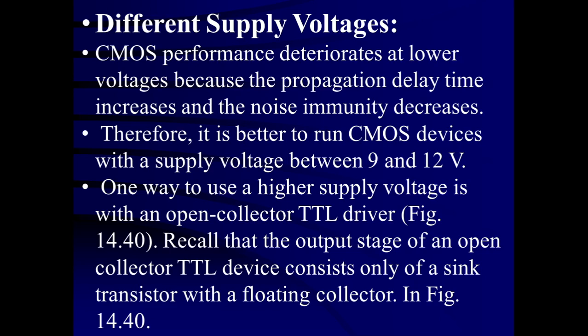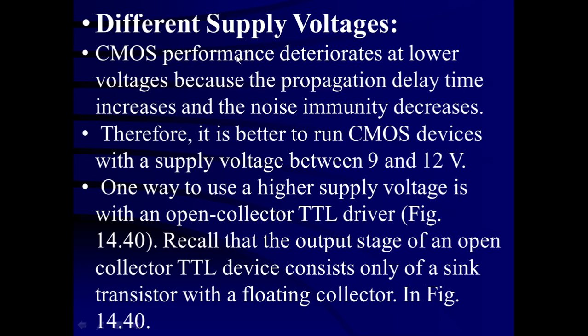That means the saturated transistor totem pole arrangement will not be there. TTL is operating at 5 volt VCC, but its output collector is floating. It is not connected anywhere and it can be connected through a pull-up resistance to any supply voltage, including the supply voltage of the CMOS. Then the output in the low state will be 0 and in the high state will be the supply voltage of the CMOS, and that way the CMOS can operate with a higher supply voltage.